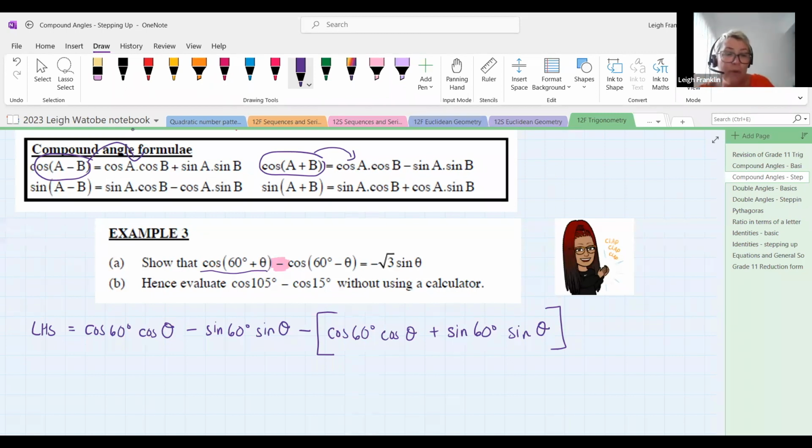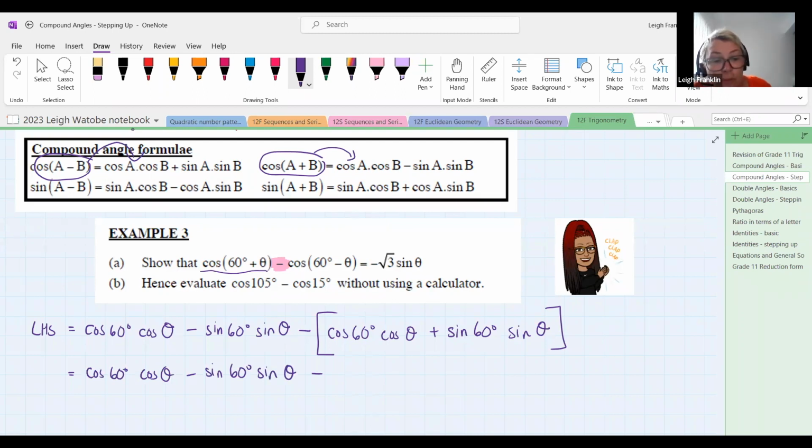Originally I had two terms on the left-hand side of my identity, essentially. Now I have four. So I'm going to remove my brackets, and think carefully about what I'm going to do next. Let's write this out again. Let's take away the brackets, remembering to change the signs of the terms inside.